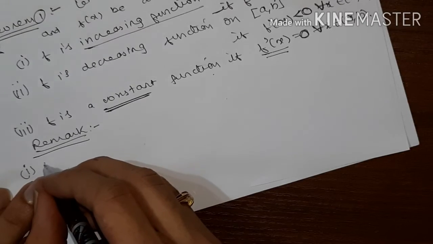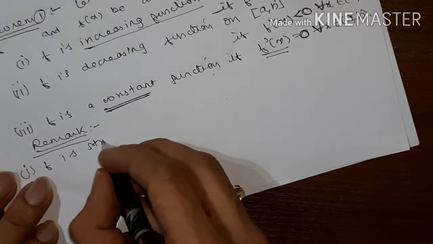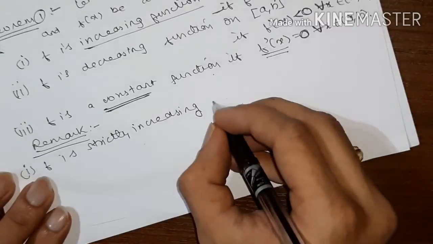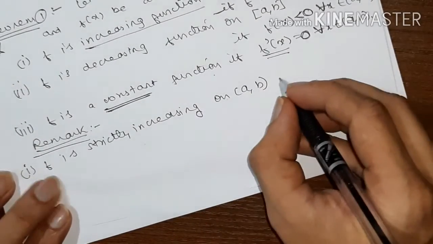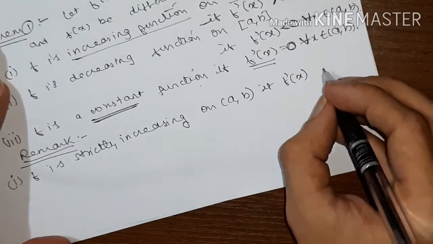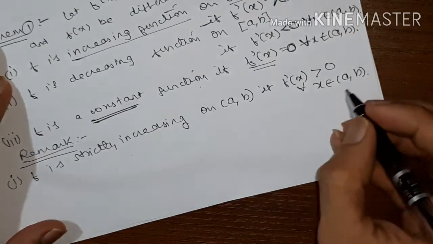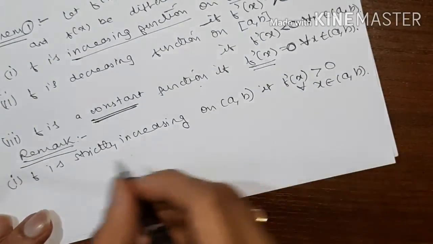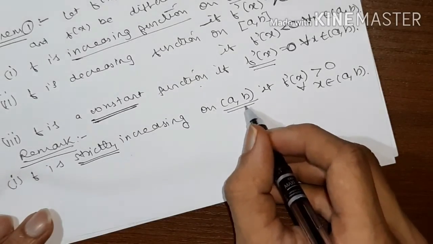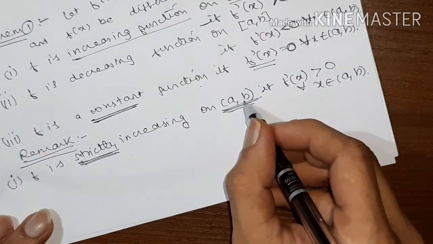First we will look at strictly increasing functions. f is strictly increasing on the open interval a comma b if f prime of x is greater than 0 for all x belonging to the open interval a comma b. So we can talk about strictly increasing only on the open interval.